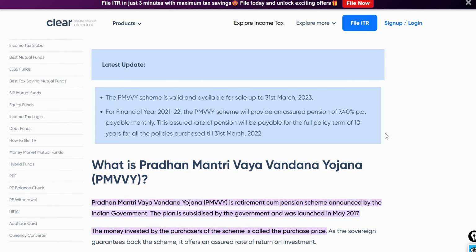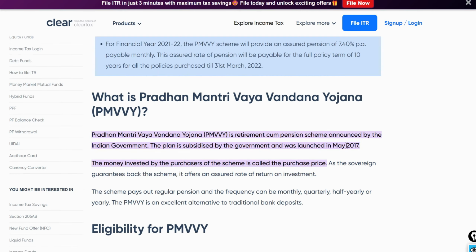In this Yojana, we can deposit a maximum of 15 lakh per person, and the policy term is near about 10 years only. So for the next 10 years after retirement, we can deposit 15 lakh and get 7.4% interest per annum paid monthly.